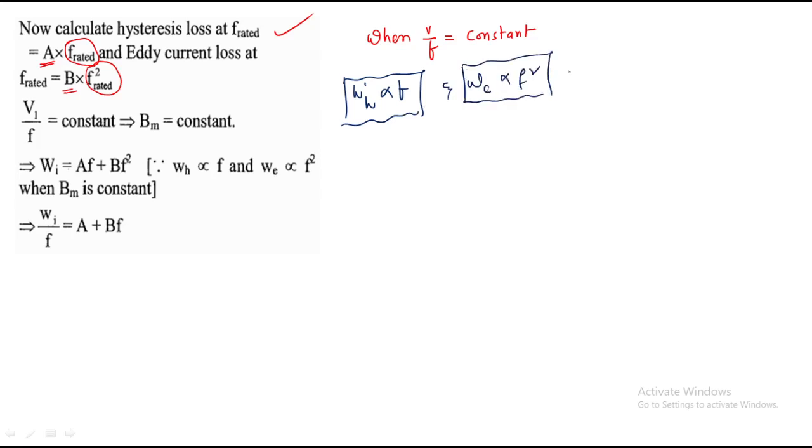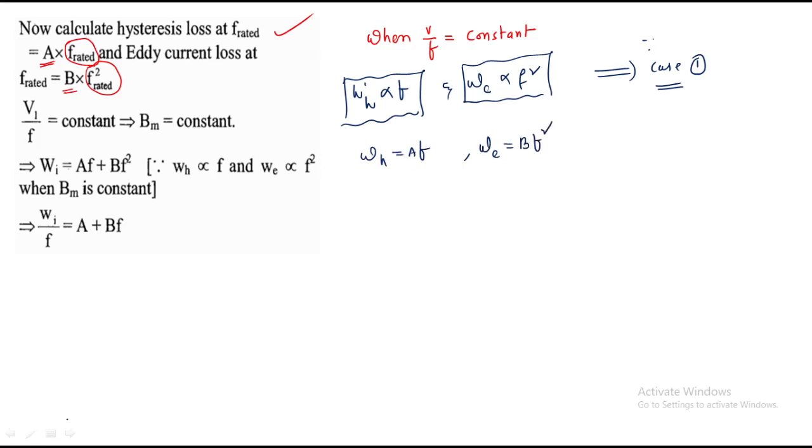This is case 1. When V by F is constant, WH is proportional to frequency and eddy current loss is proportional to frequency square. That is, WH is nothing but AF and We is nothing but BF square.